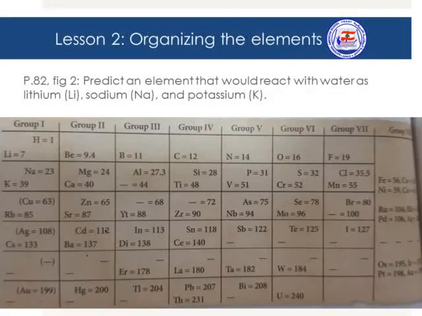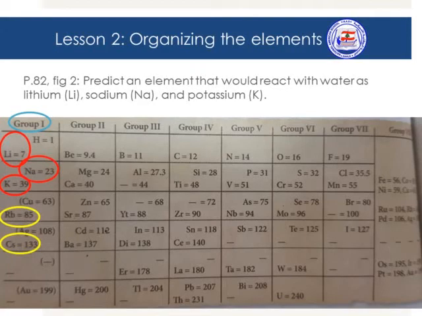Let's solve page 82, figure 2. Predict an element that would react with water as lithium, sodium, and potassium, and they gave you the symbol for each element. By looking at Mendeleev's periodic table, we can see that lithium, sodium, and potassium all are in the same group, which is group 1.